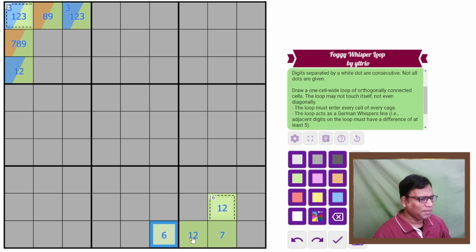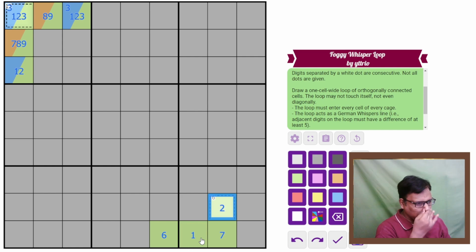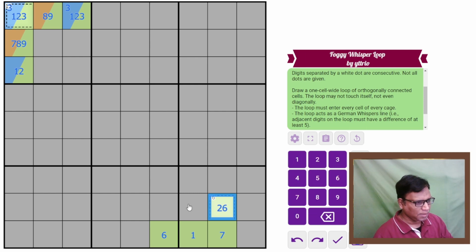But then that's 6. That means that cannot be 2, and that's something like that, or it's surrounded by 1, right? Exactly reverse. So that will be 6. That will be 1. That will be 7, and that will be 2. Okay.